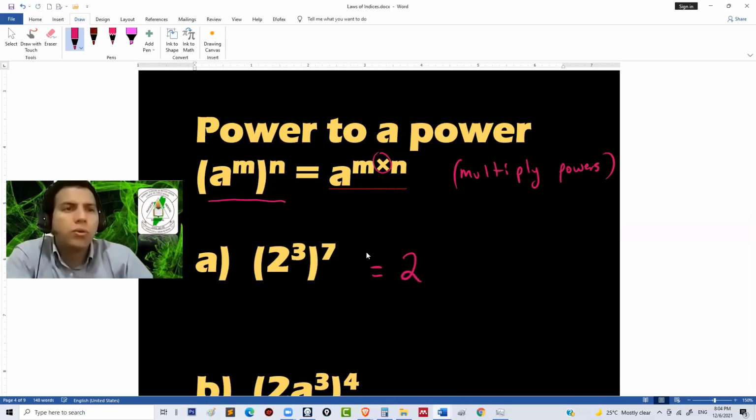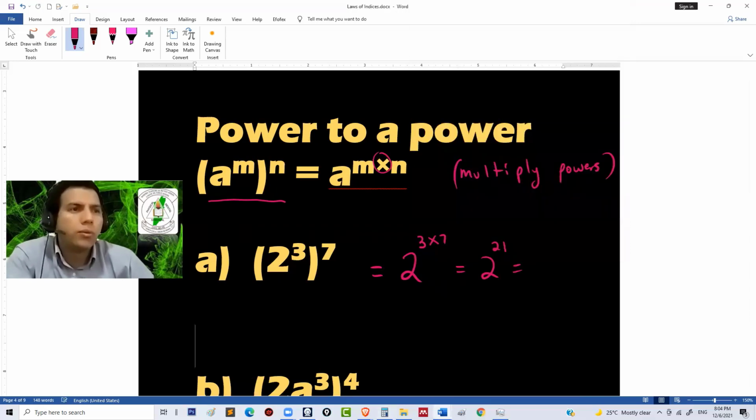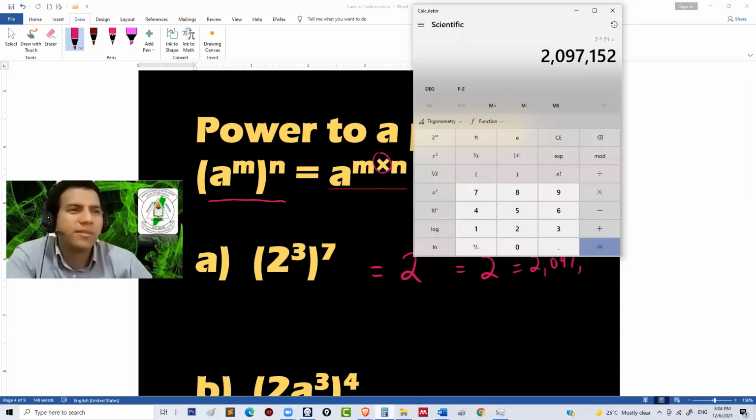So we'll say 2 power 3 times 7. So 2 power 21, which is 2,097,152.